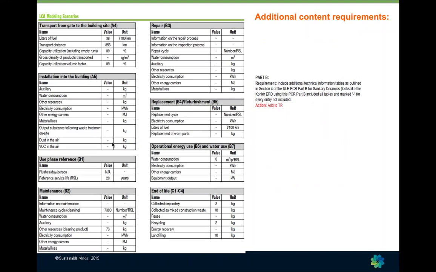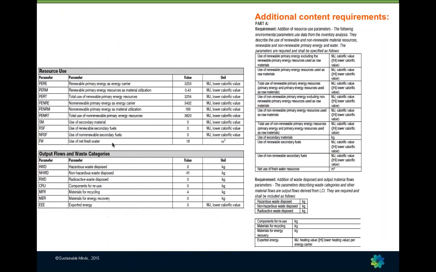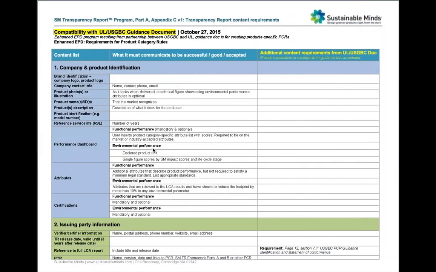The table is required to be in the EPD, even if there's nothing to report. And all of this flow information does not report environmental impacts, because all of this information ultimately is calculated into the environmental impact information. It's in the LCA, and here it's also required to be in the EPD.